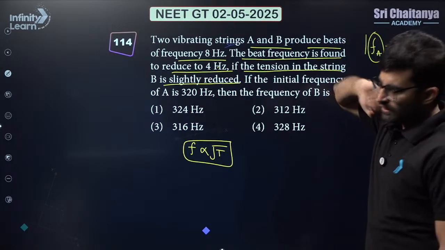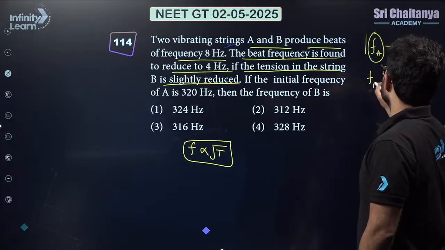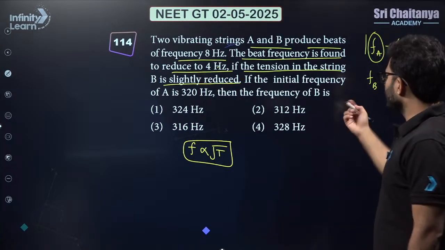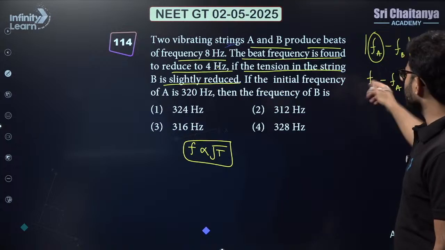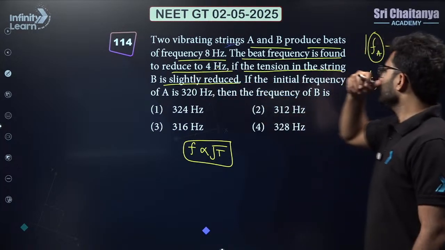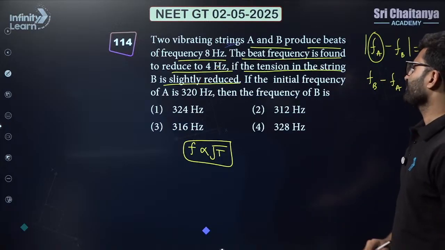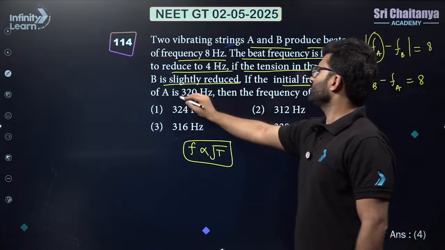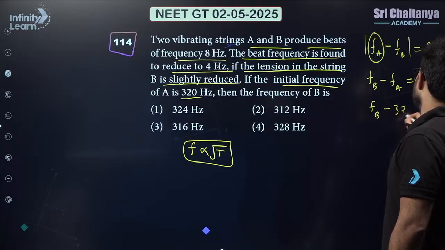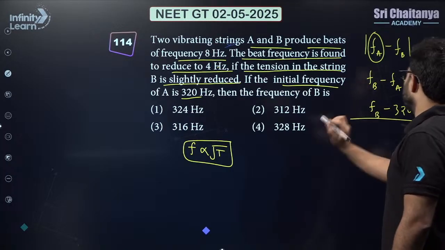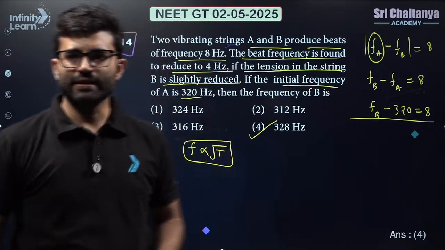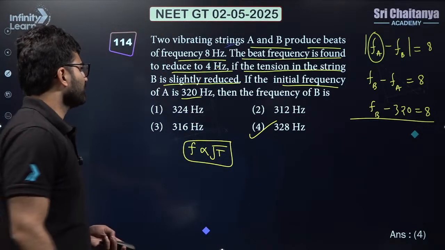So it has to be FB minus FA equal to 8, because if I reduce the tension, this component will decrease and this difference will decrease, and that will give me 4. Now they have given you the initial frequency of A, which is 320. Now you can put 320 here, that would be equal to 8, and FB would be equal to 328. That is clear, right? Next.